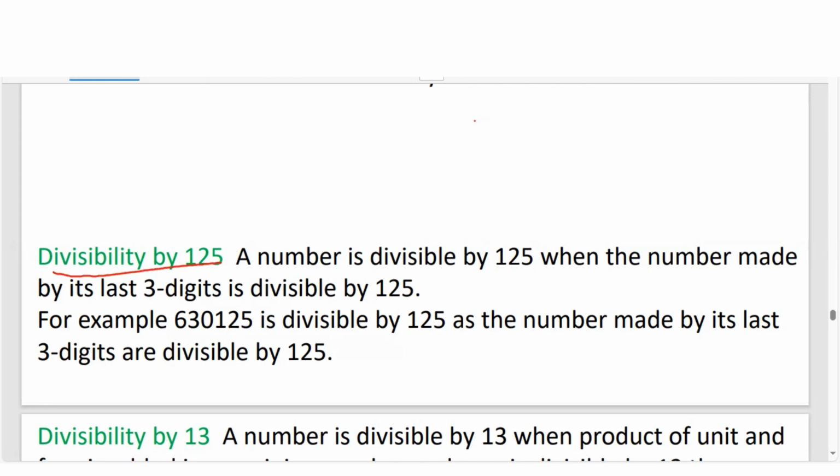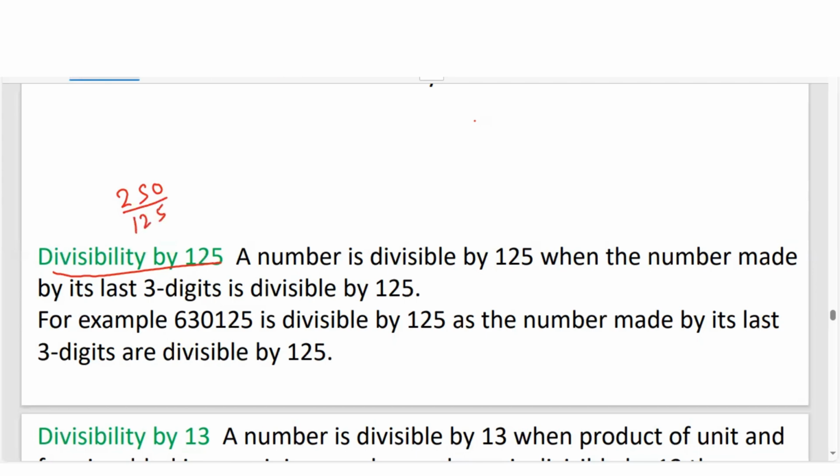That means if any large number or small number is given, how can we check that the number is divisible by 125? If a small number is given, it is very easy to divide by 125, just like 250 and 125.